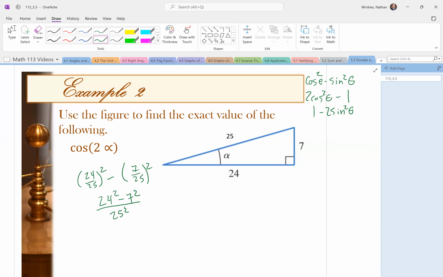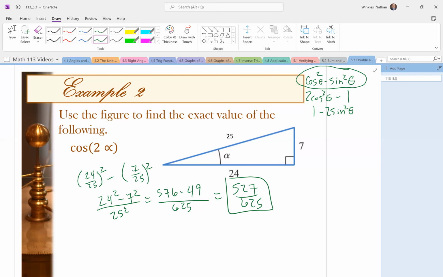Pulling up our calculator, this is 576 minus 49 over 625. So this is 527 over 625. And I don't think that will reduce. It will not. So that's what we got when we did the first case.